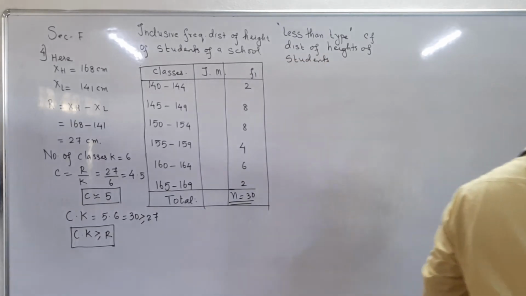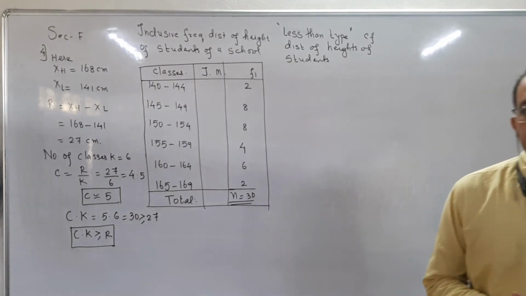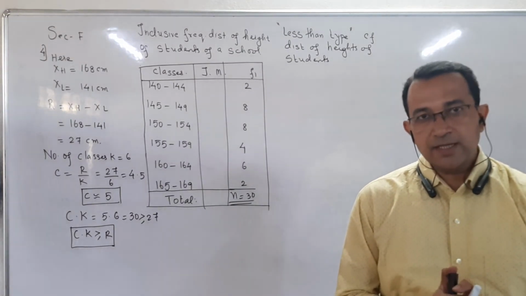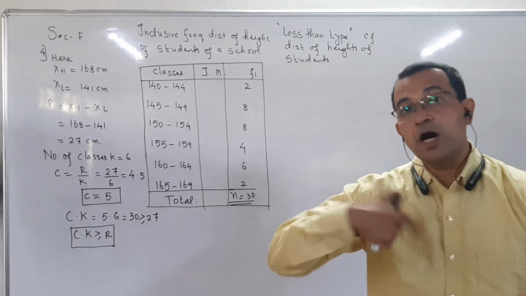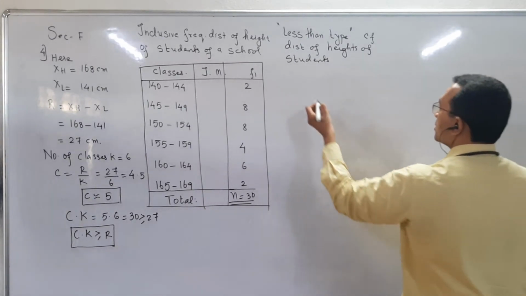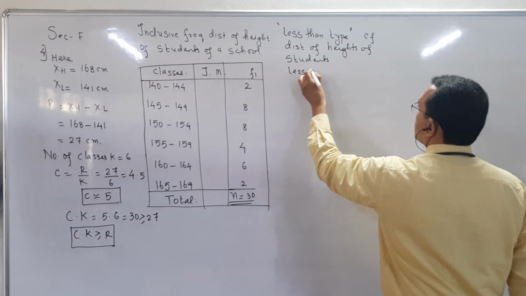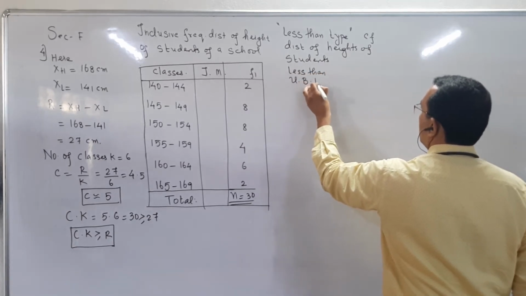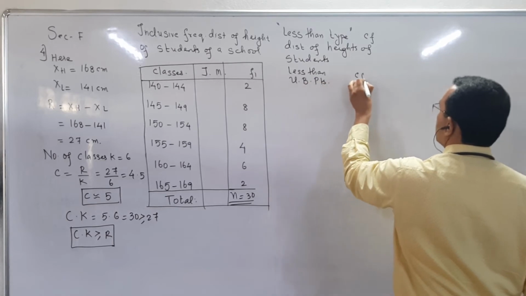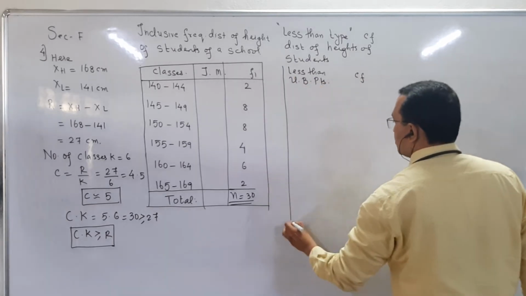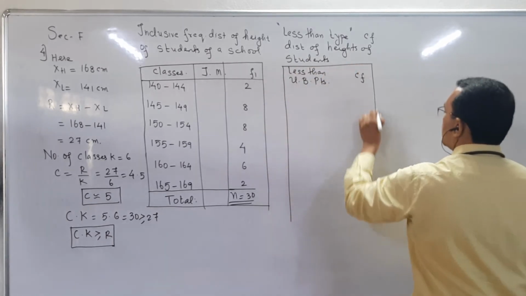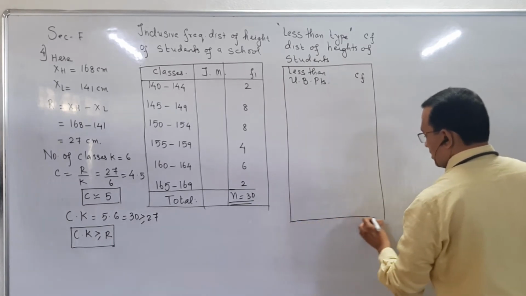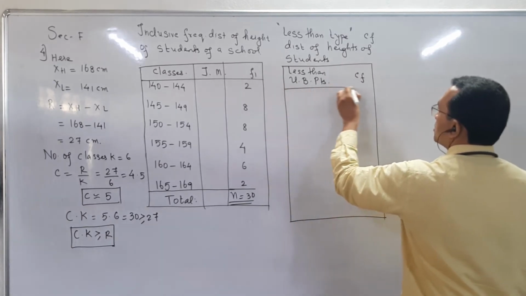Now, in less than type, the first column is height less than. In less than type, we use upper boundary points. So, less than upper boundary points, and then corresponding cumulative frequency distribution.